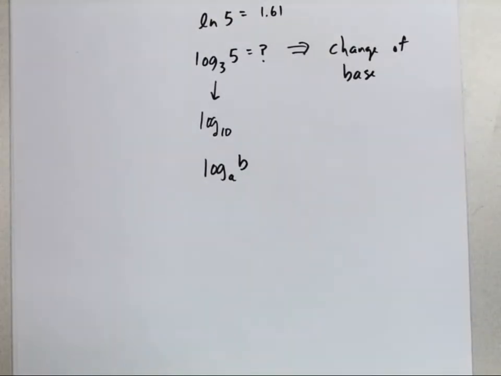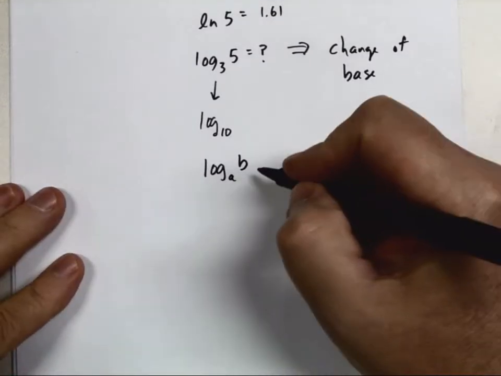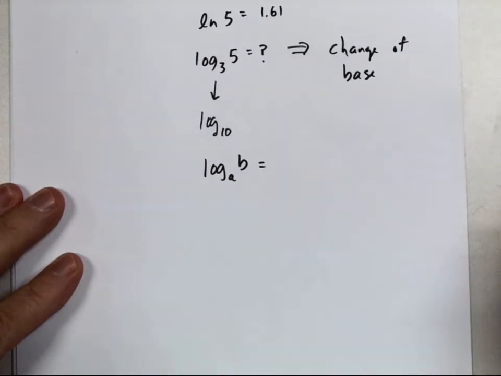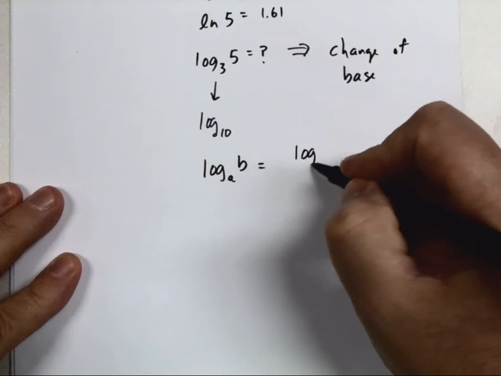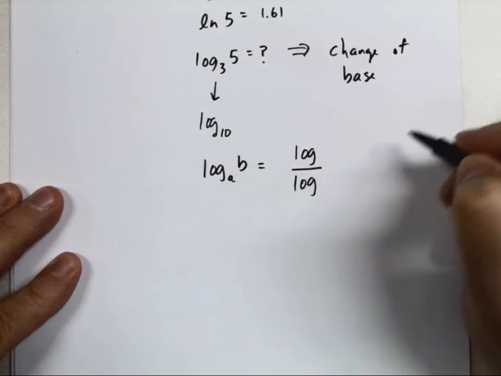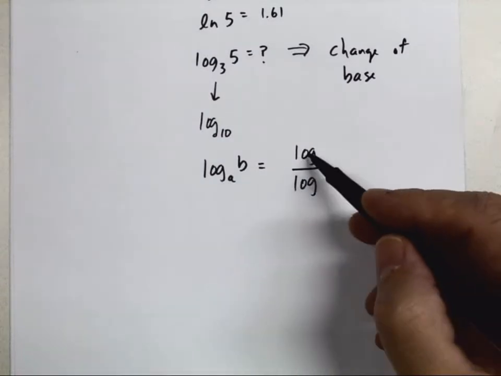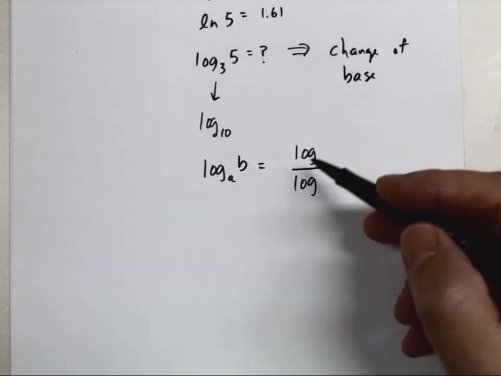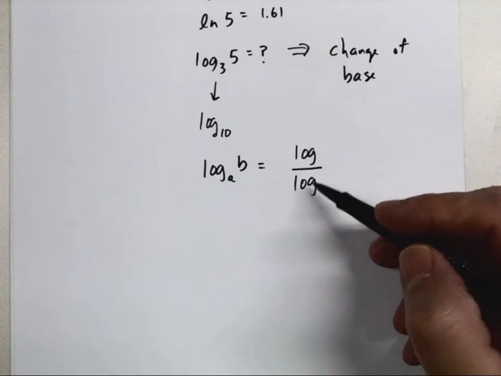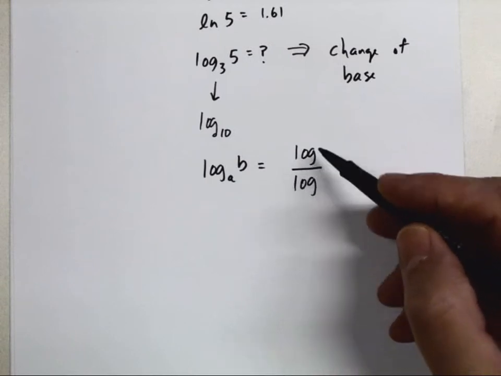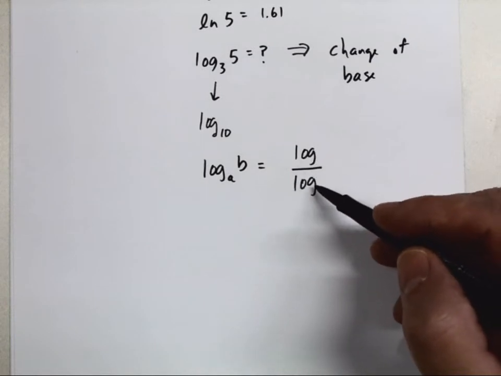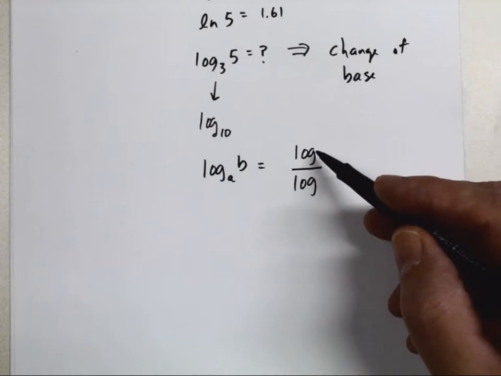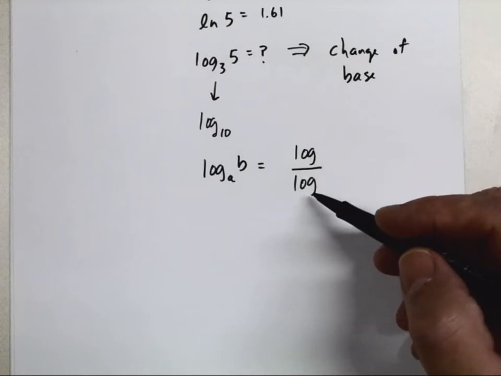I'll call this log base A. We're taking log base A of B. What you do is, change of base says, I'm going to write a fraction here, log on the top and log on the bottom. Now this fraction and these two logs, I can choose whatever base I want for these two logs. It has to be the same base for both the top and the bottom, but I can choose my base.